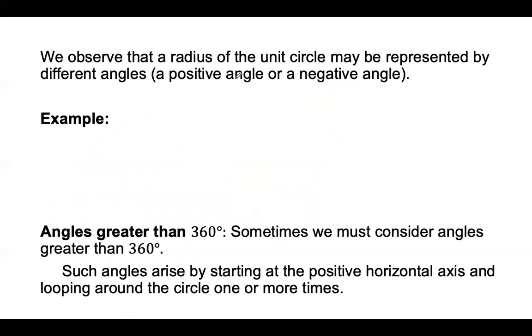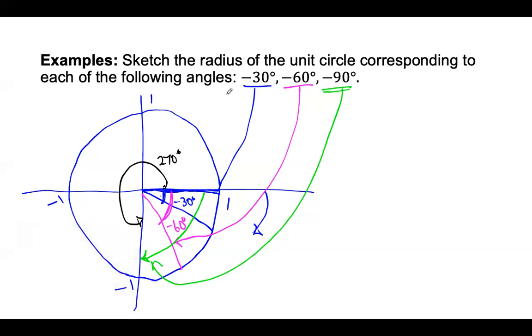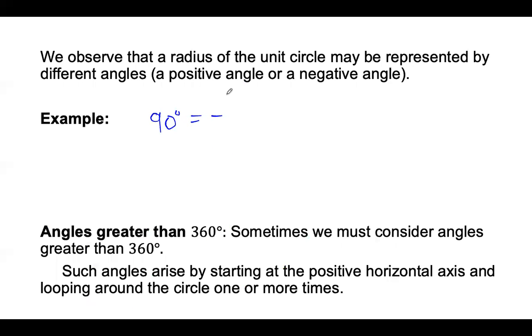So we just observed that the radius of the unit circle may be represented by different angles. So we noticed here negative 90 was equal to 270. So what do you think 90 degrees is equal to in terms of negatives? Negative 270 degrees.